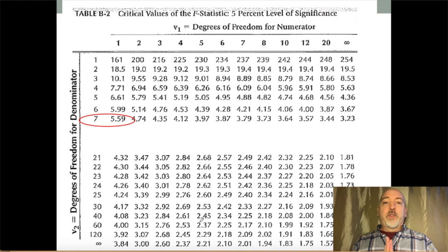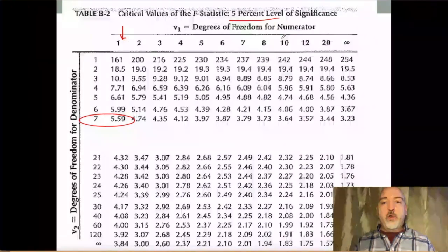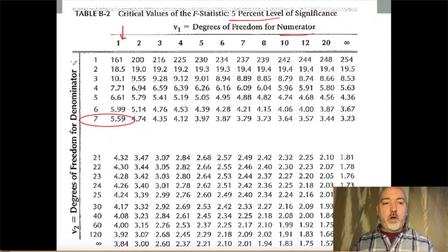So remember, with the T table, each column that we saw gave a different level of significance. Here, because there are 2 degrees of freedom that we need to know, the numerator and the denominator, we have a whole table that is 1 level of significance, and each column gives us a different numerator degree of freedom, and each row is a different denominator degree of freedom.